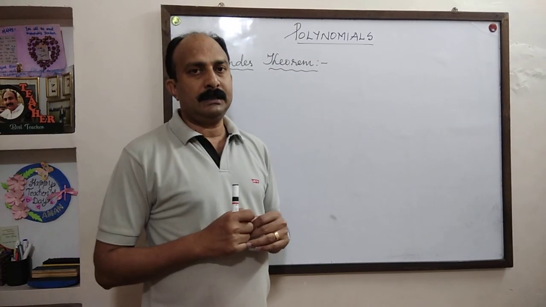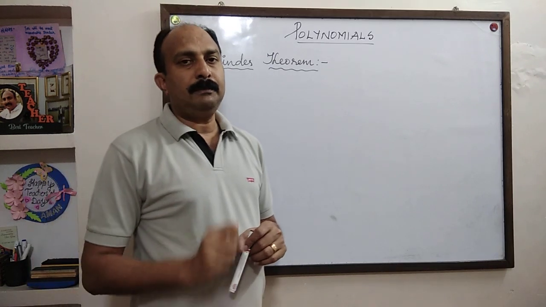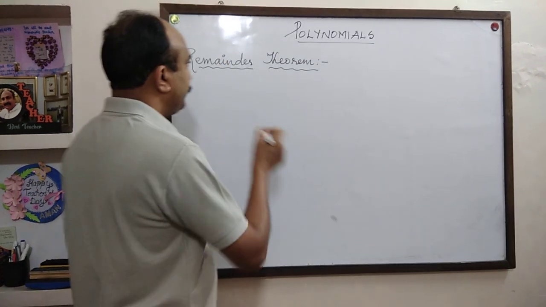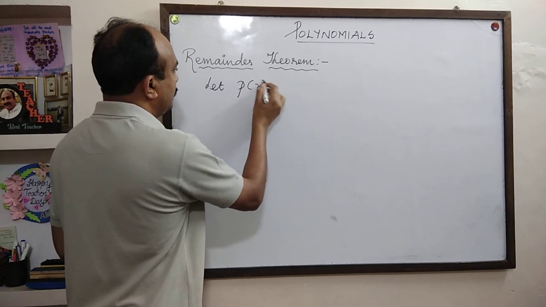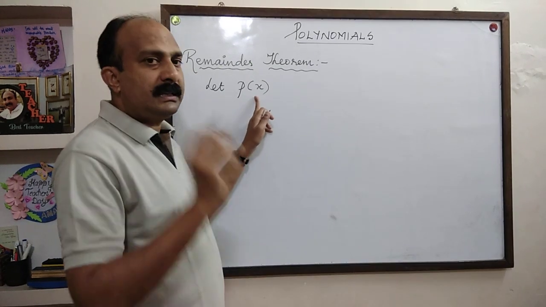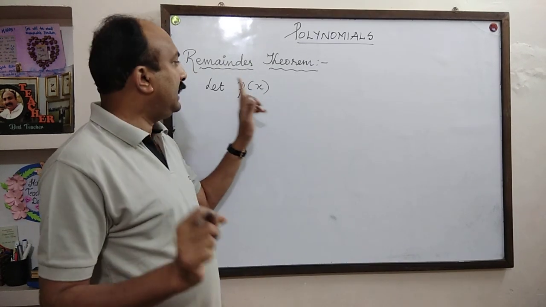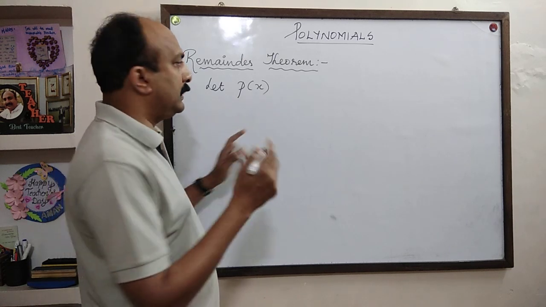Remainder theorem goes like this. Let P of x be any polynomial. I told you in the previous class, P of x is the general form of any polynomial. P stands for polynomial, x stands for the variable.